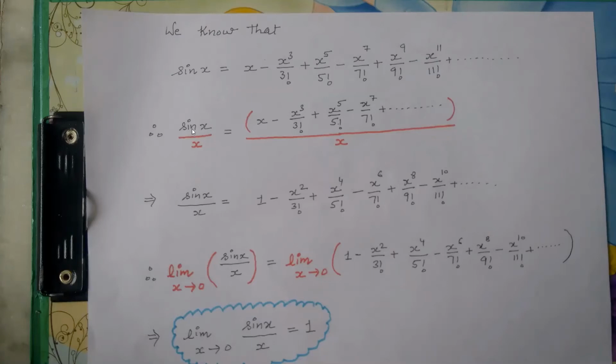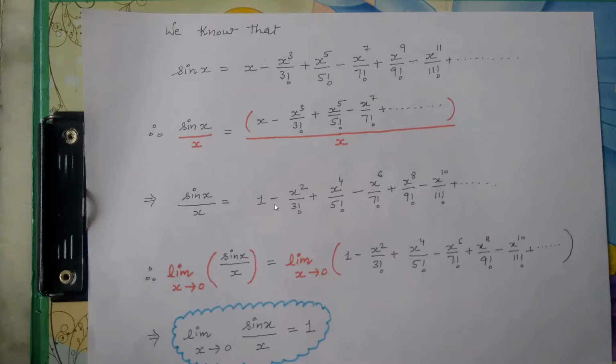This becomes sine of x upon x, taking x common in the right hand side numerator. So x in the numerator and x in the denominator get cancelled. We are left with 1 minus x square upon 3 factorial plus x raised to power 4 upon 5 factorial, and likewise other terms also.